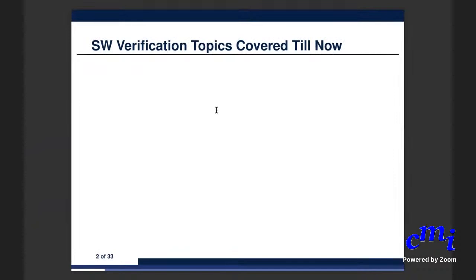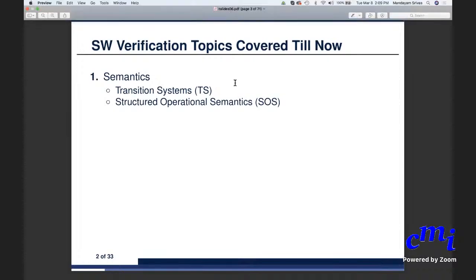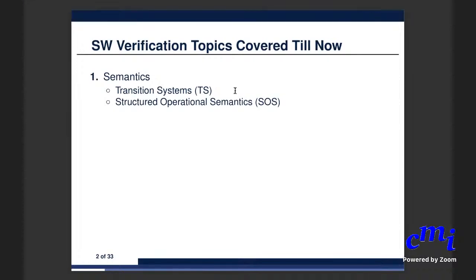So I just want to summarize what we have covered so far, okay, to take stock of things. And please, since you're the only one, you can ask questions anytime. So we started by defining a formal semantics for programs. We did it in two different ways. One using transition systems.